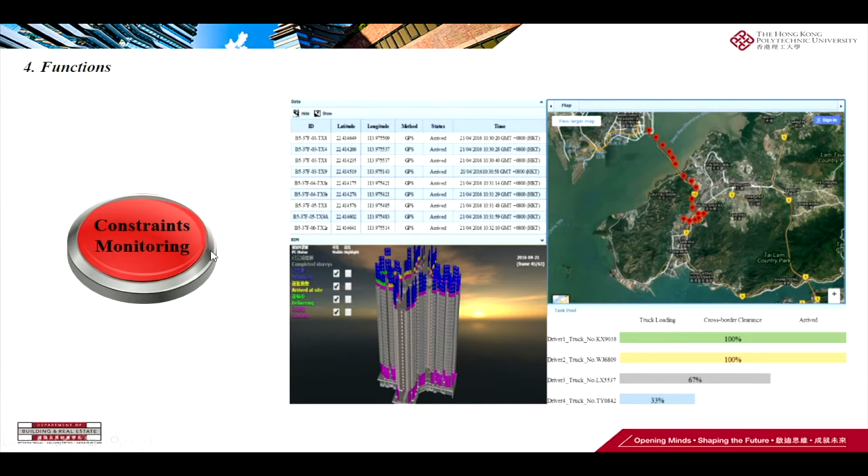And the green color means the component is being delivered from the factory to the construction site in Hong Kong. And the pink color means the erection of the components has already been completed.